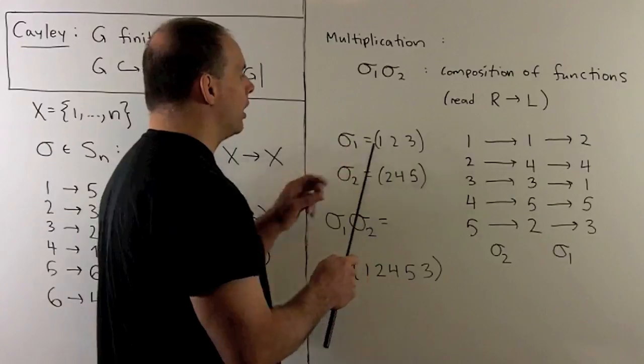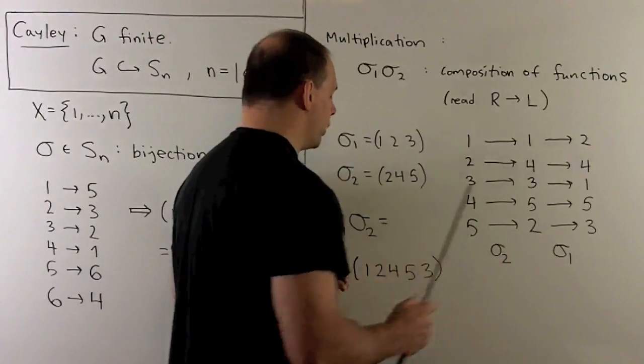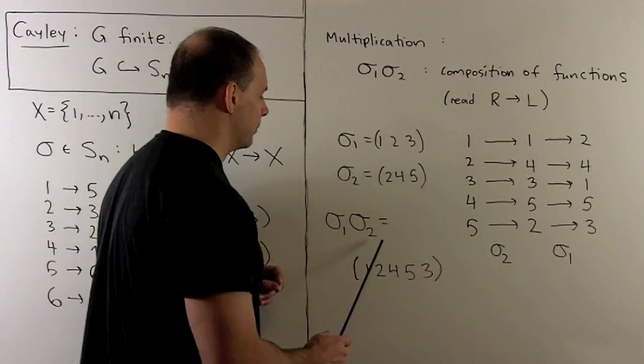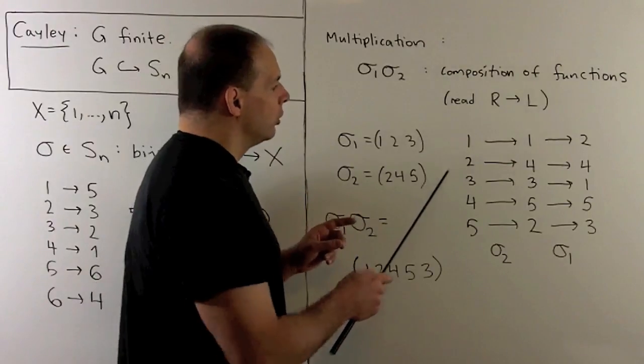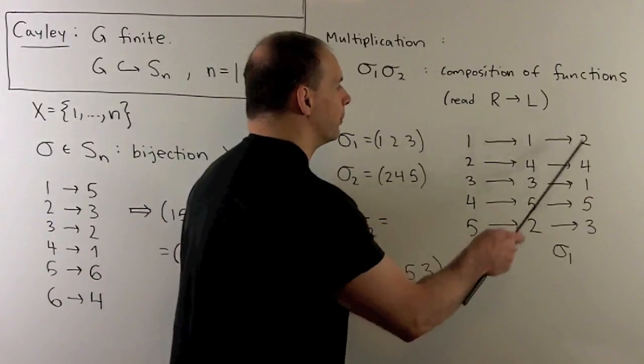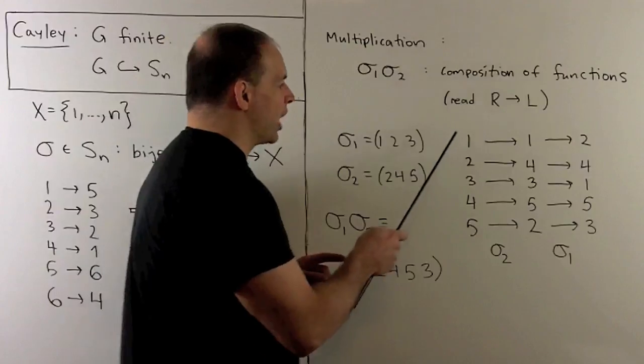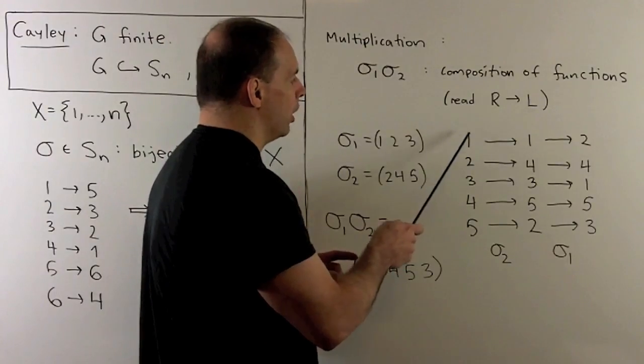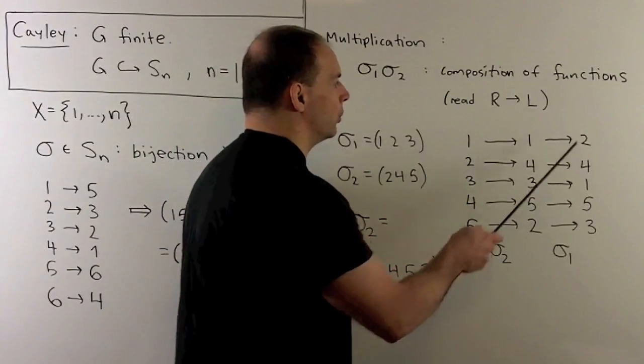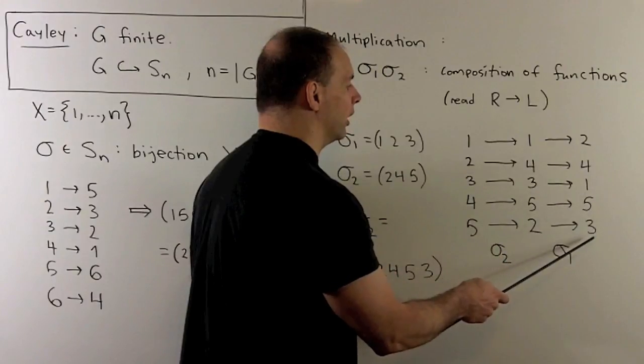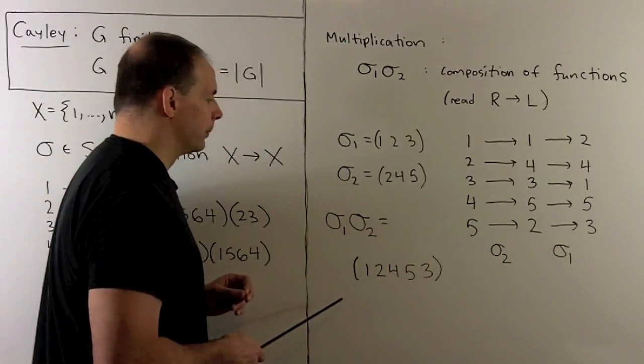Then when I get to sigma 1, 1 goes to 2. So we have 1 going to 2 in the product. You can work out the rest of these. And we get the bijection by just taking 1, 2, 3, 4, 5 goes to 2, 4, 1, 5, 3. And then decode.